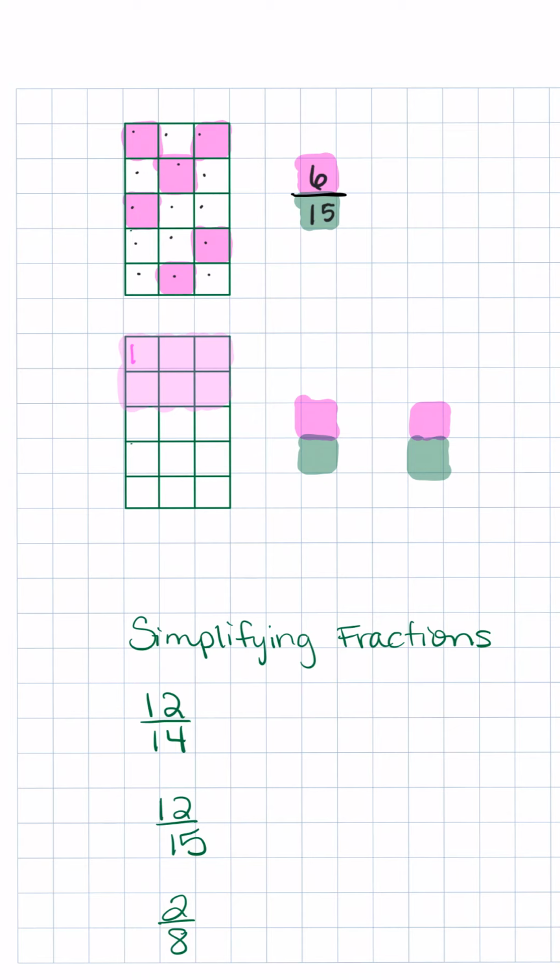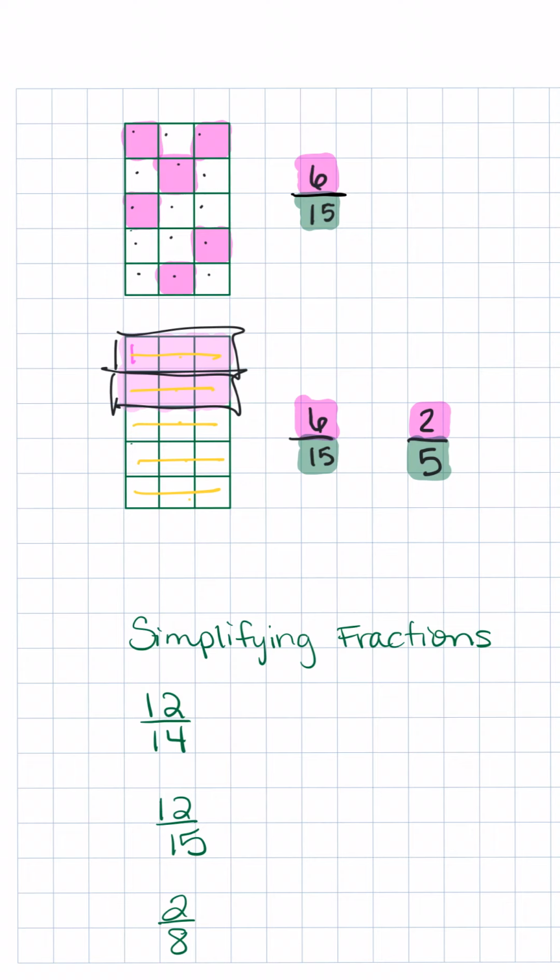So we have 6 out of the 15 filled in. But if you think of it as this is a row, this is a row, this is a row, this is a row, this is a row. So we actually have 1, 2, 3, 4, 5 rows, and 2 of the rows, 1, 2, are filled in. So that equals 2/5.